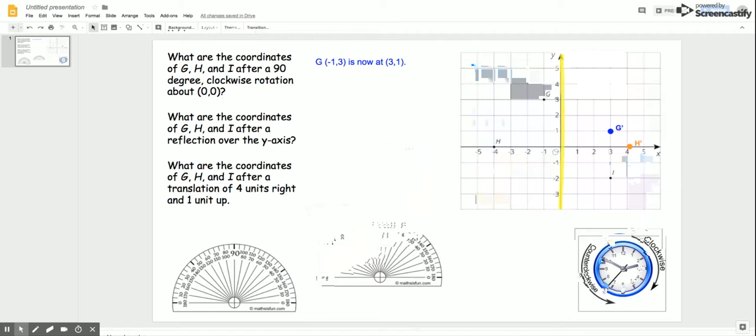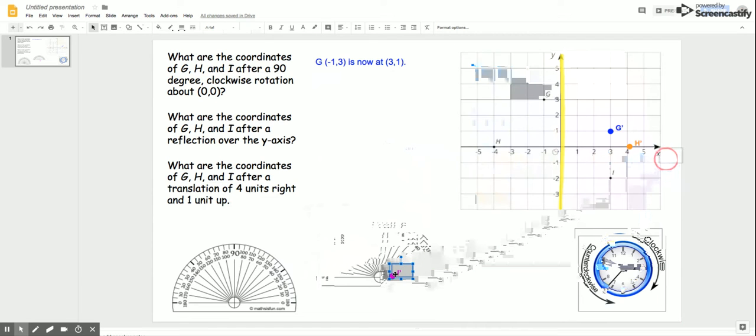So we're a little bit off the grid here at seven units, right? Okay, and now we just have to go 1 unit up. So that puts us at (7, -1). So I'm just going to put that here.